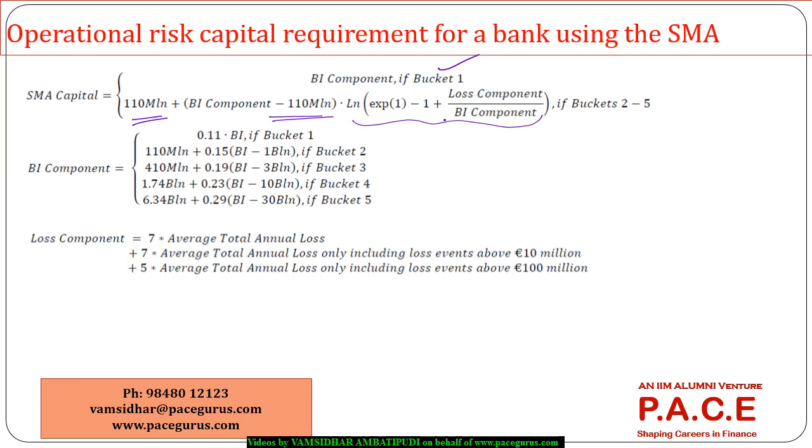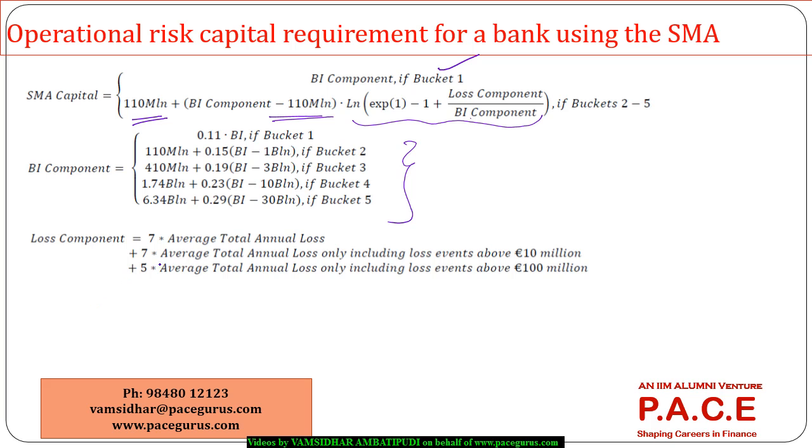So the internal loss multiplier is coming out with this kind of a formula. Overall the BI component is coming out to be more like this: 0.11 times BI if it is bucket 1, 110 million plus 0.15 times (BI minus 1 billion) if the bucket is 2, and so on, which we have already discussed earlier.